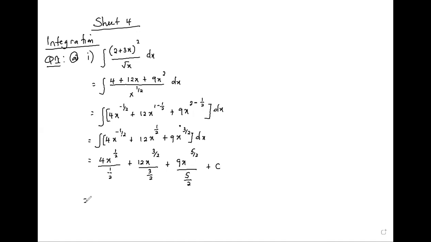Now the job remaining is just to simplify these fractions. So here we have 8x to the power half, which is the same as 8 root x, and then plus, 3 into 12 goes 4 times, 4 by 2 we get 8, so 8x to the 3 over 2, plus 18 over 5 x to the power 5 over 2, plus the constant.